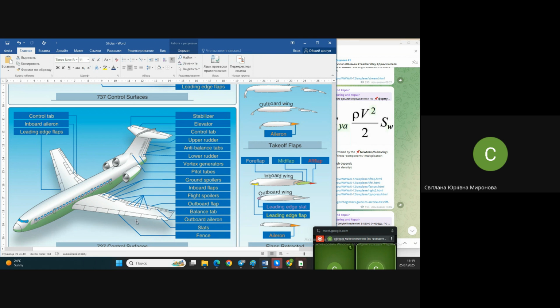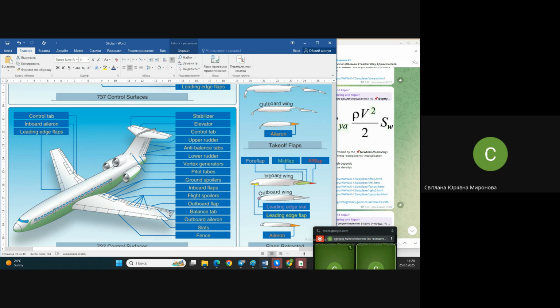So the aileron consists of maybe two sections, because it's called the outboard aileron, and it means that somewhere there should be one more aileron, the inboard aileron. Look at the other half of the wing, it's visible.